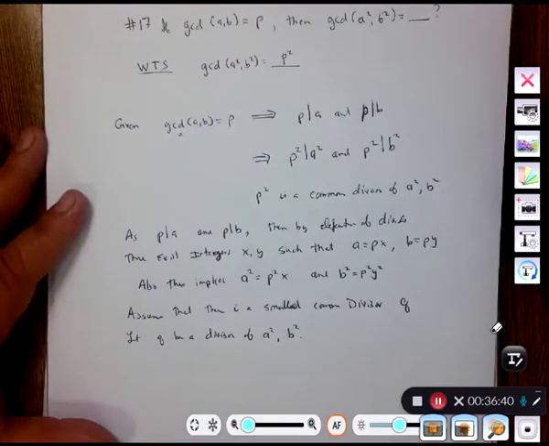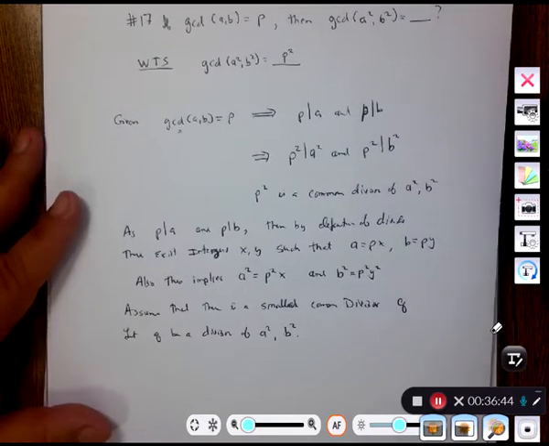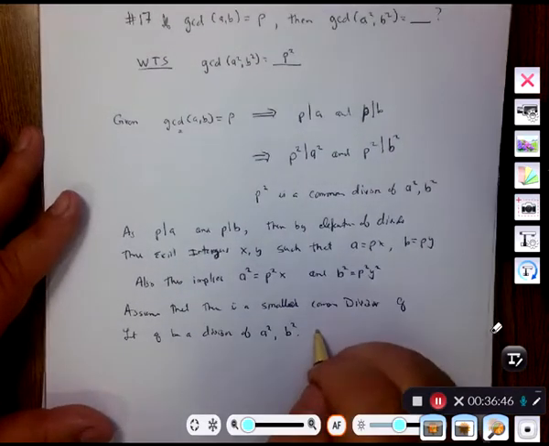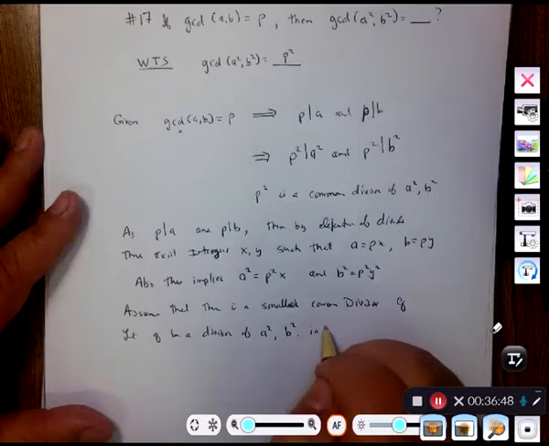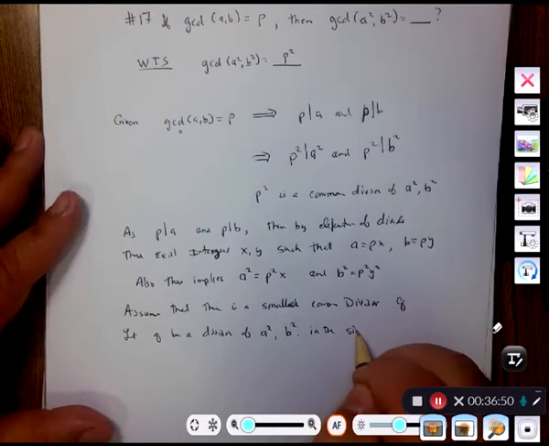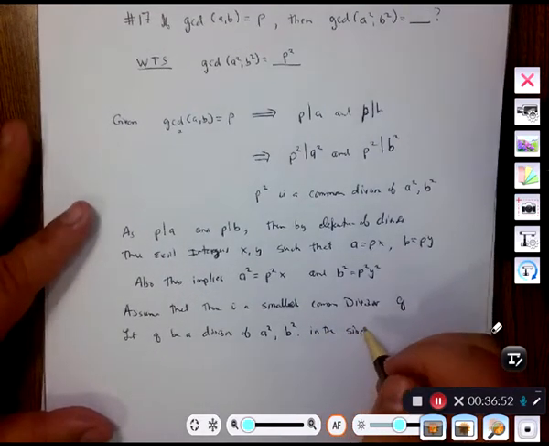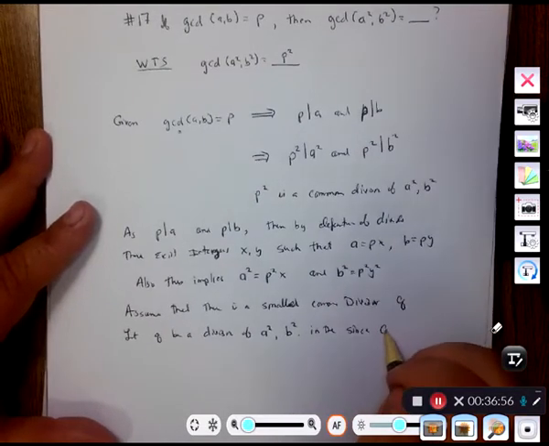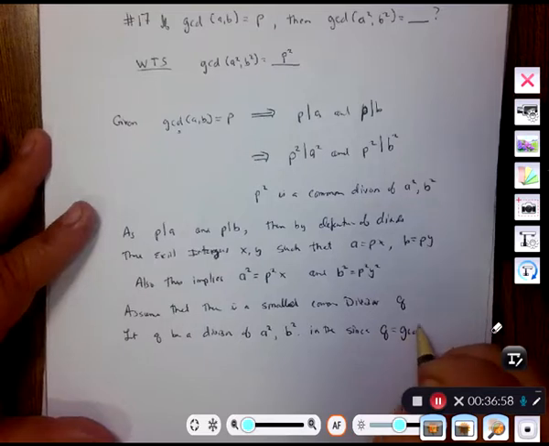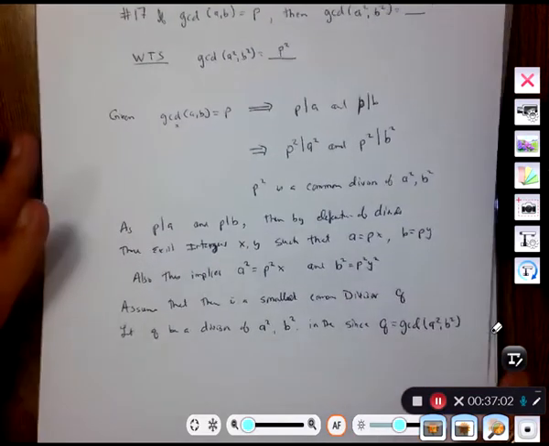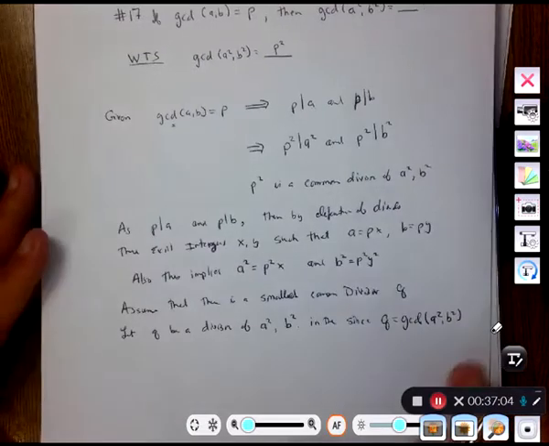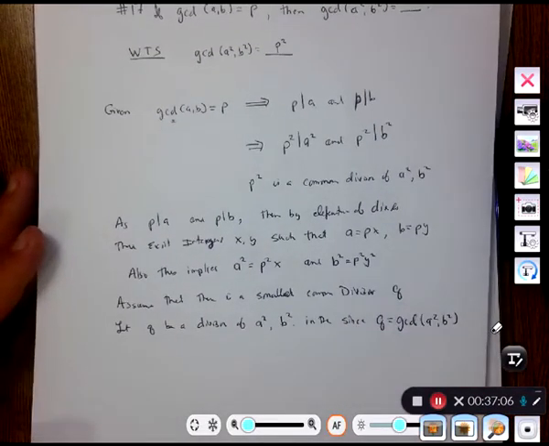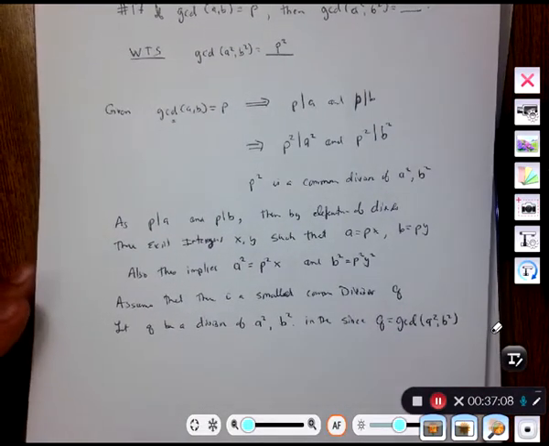Okay? In the sense that Q is actually equal to the GCD of a squared and b squared. Okay? So I'm going to let Q be the actual GCD of a squared and b squared.